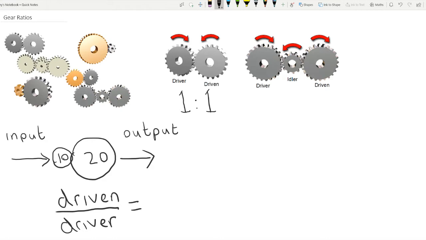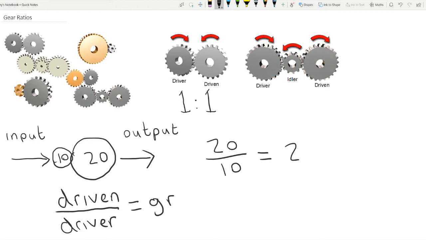That equals our gear ratio, which I will call GR. So in this case, the driven gear is the large one and the driver gear is the small one. So if I do 20 divided by 10, quite simply, that equals 2. Okay, so essentially I've got a 2 times ratio.